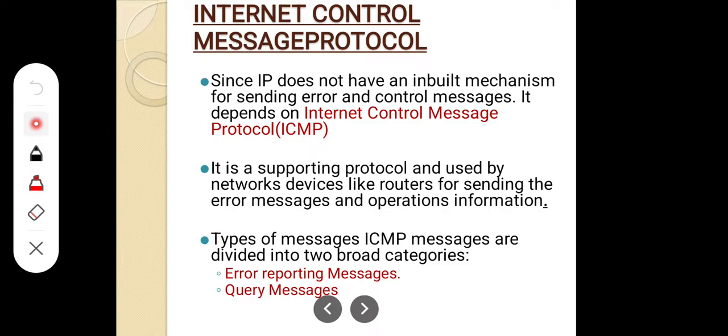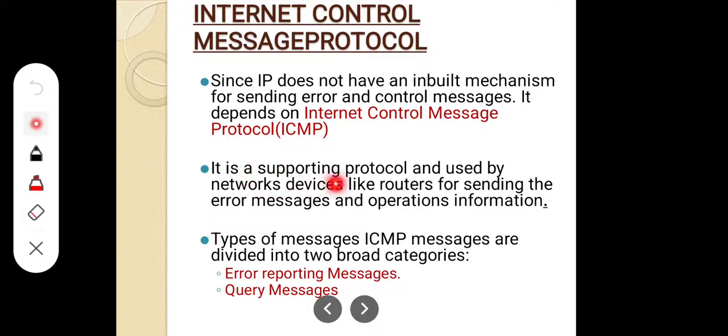The same thing we have explained is being repeated here. Since IP does not have an inbuilt mechanism for sending error and control messages, it depends upon the internet control message protocol. For enabling this error and control message transference, we are using ICMP.